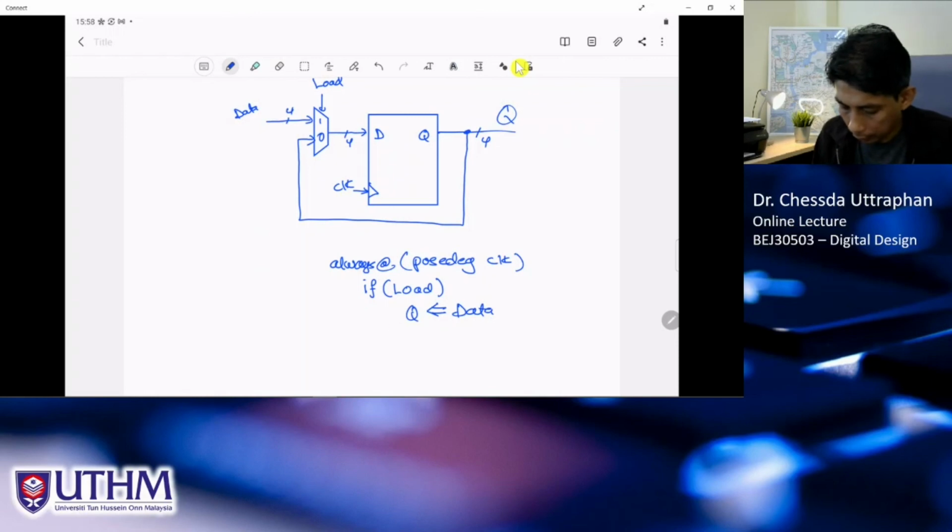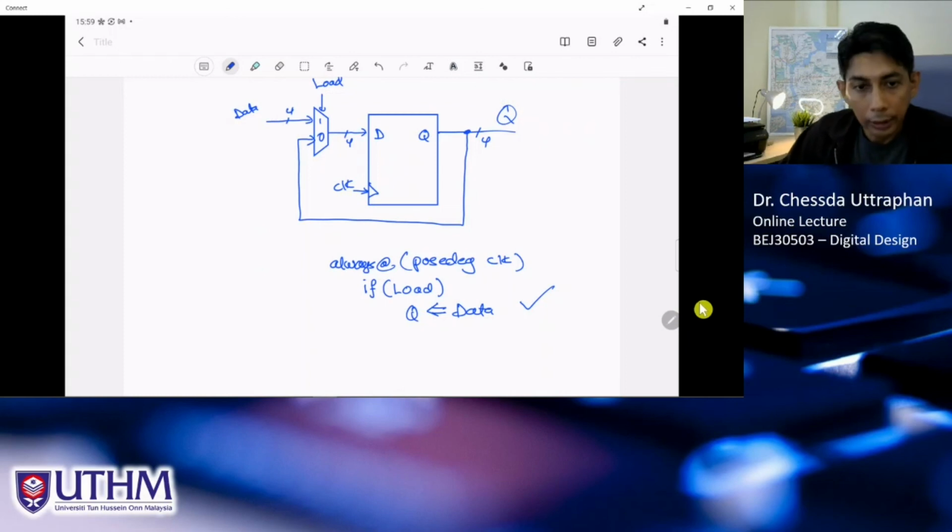But if load equal to 0, Q should remain Q. So no need to write anything, because the Verilog compiler will know this already. If load equal to 0, the Q output here will remain Q. So this is how we create the load.